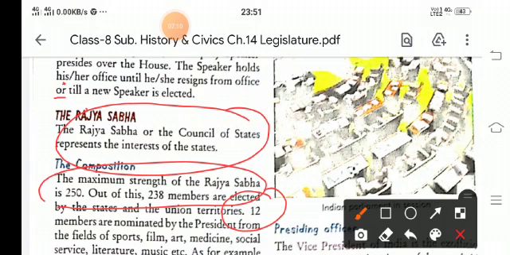That means someone prominent in sports, film, art, medicine, social service, literature, music. For example, Sachin Tendulkar is prominent in his field. He is a great cricketer. He is now a Rajya Sabha member who has been appointed by the President of India.